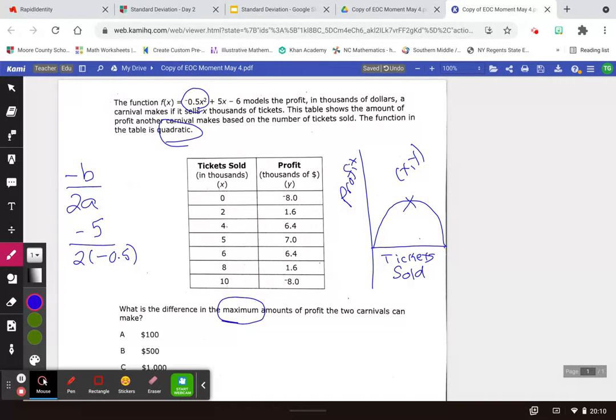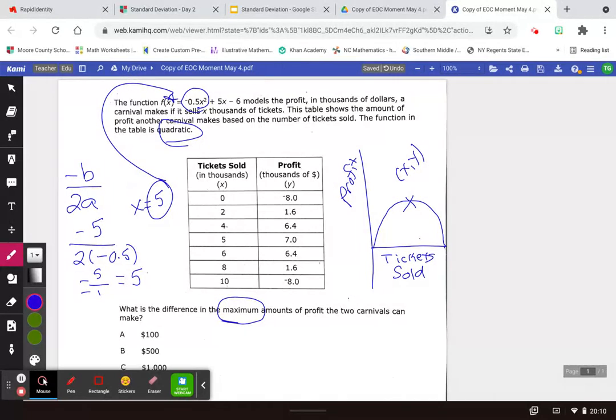And then once you do your math for that, you arrive at negative 5 divided by a negative 1, so that equals 5. So then now all you do is take x equals 5, substitute that back into your function here, and that's going to give you the y value. So that will give you the profit for your first function.